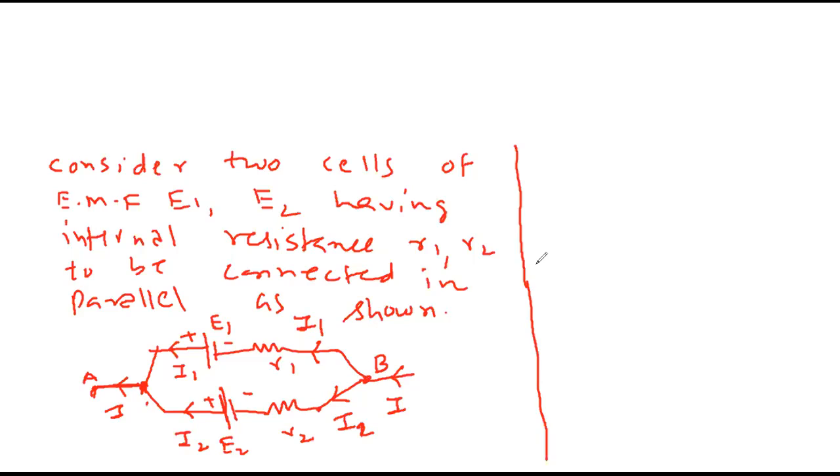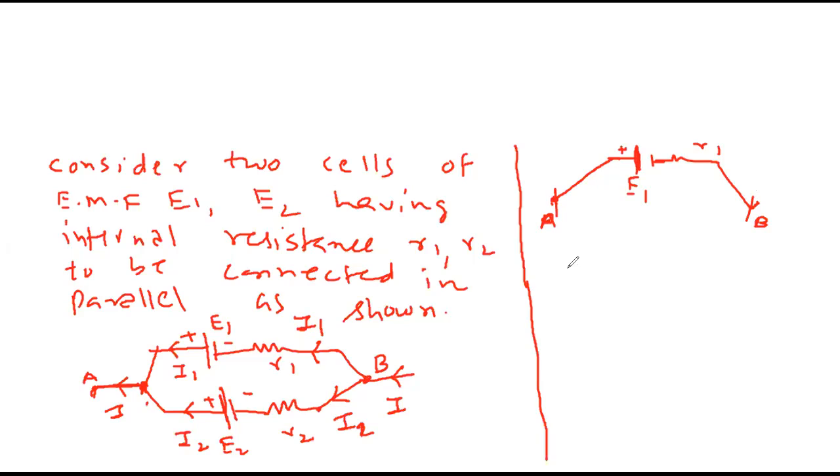Yes, completed. Yes, sir. If I consider this point A, this point B, and here there is one battery with positive terminal, and this is that resistance R1. Sharpen your mind a bit and tell me: is the voltage of A higher or the voltage of B higher? Okay, A, because it is connected to the positive. So the potential difference between them, can I say it is VA minus VB?